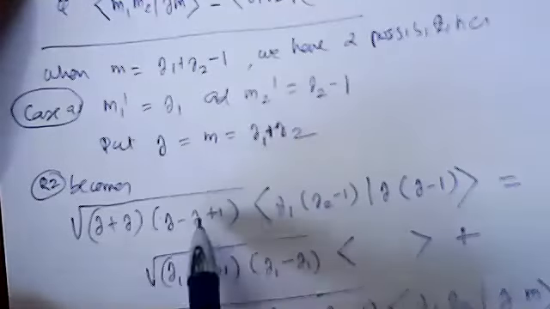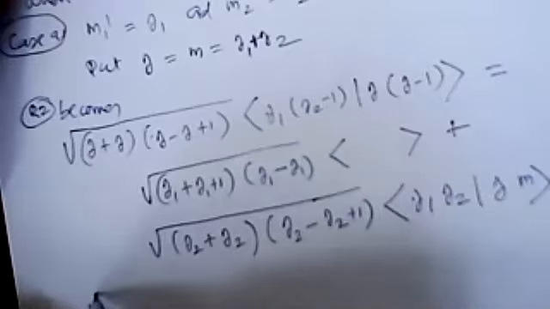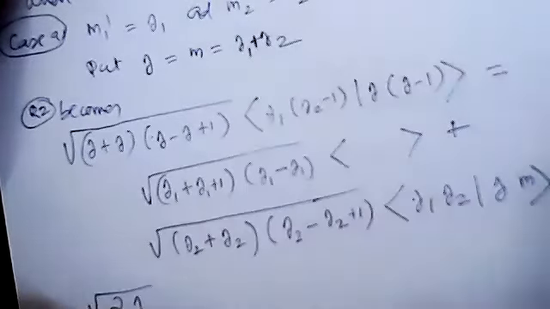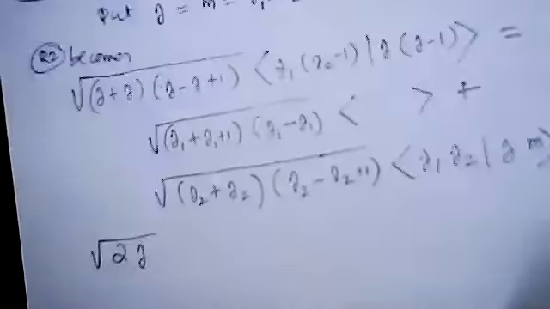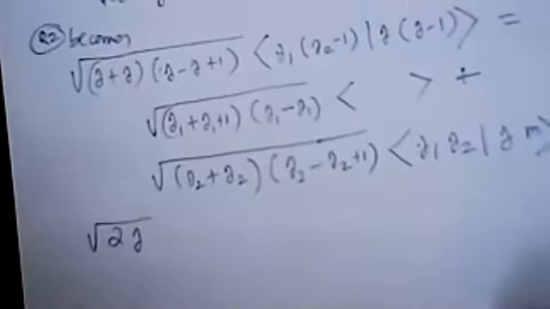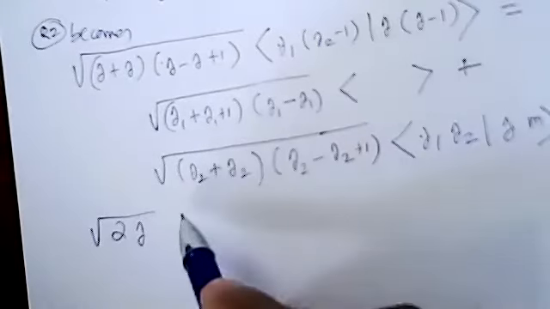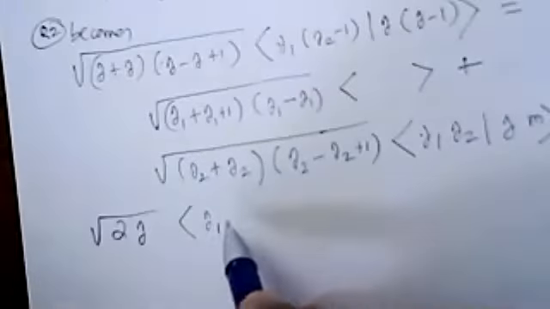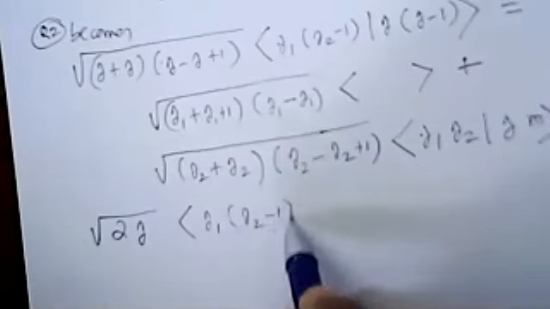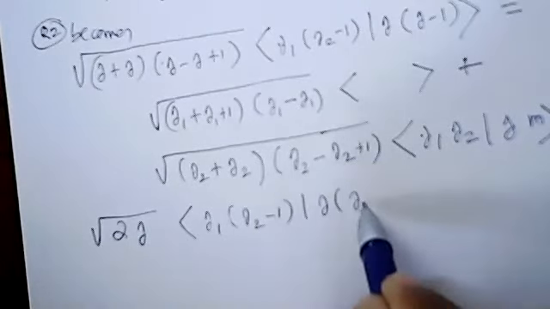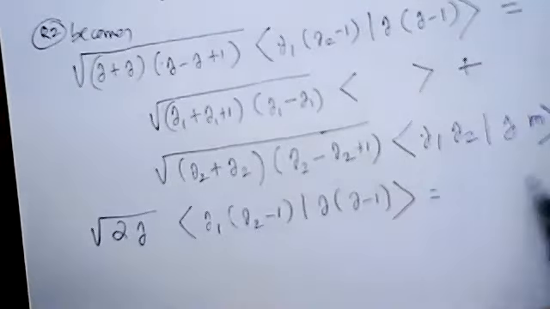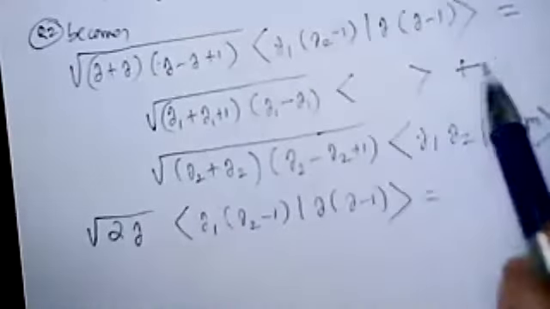So simplify these terms. So this becomes 2j. This becomes 0. So root of 2j, then their square root becomes root of 2j. Then j1, j2 minus 1, j minus 1 equal to, the first term becomes 0.